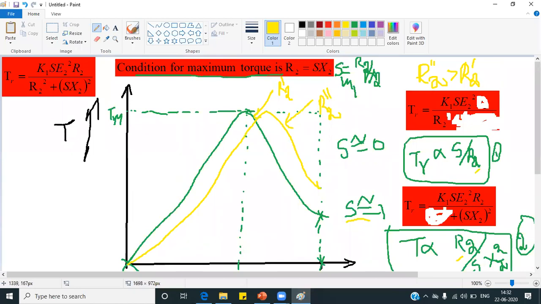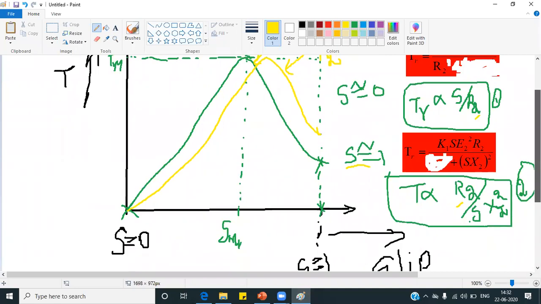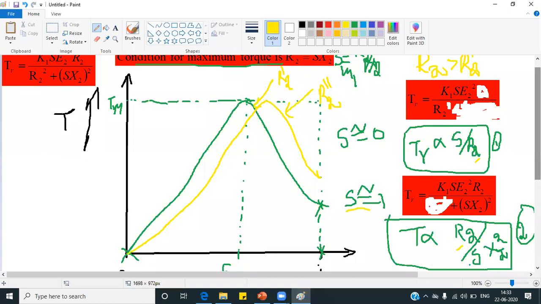If I keep on explaining all these points, it is very difficult for you guys to absorb all of them. But you see here, this is the portion where slip value is approximately equal to 1 or higher values of slip.